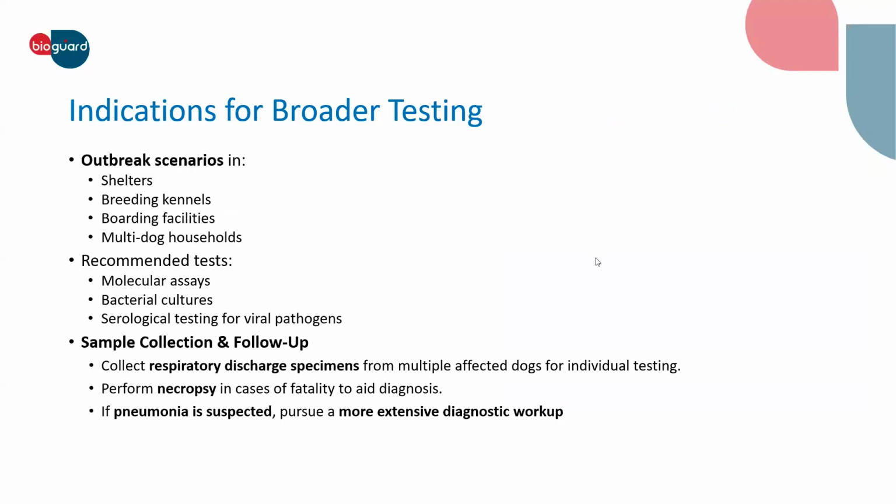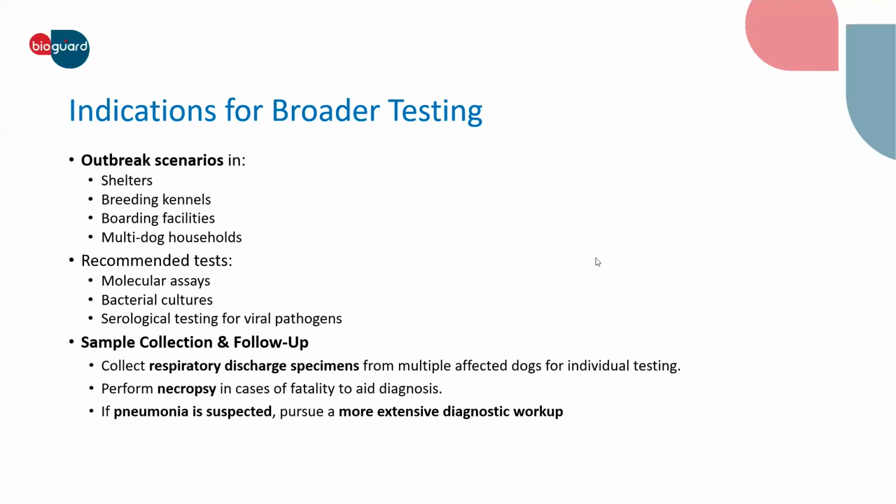And if there are outbreak scenarios in shelters, breeding kennels, boarding facilities, or multi-dog households, then broader testing is recommended. That will include molecular assay, PCR, bacterial culture, and AST test.